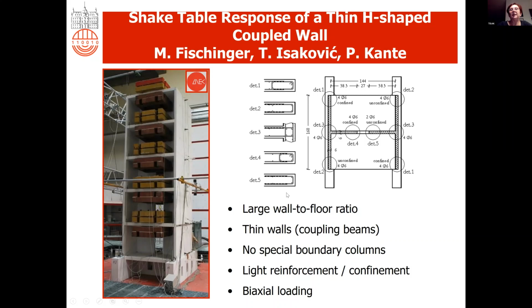The purpose of this experiment was to test the response of different reinforcement in the boundary columns. These walls were thin and lightly reinforced.